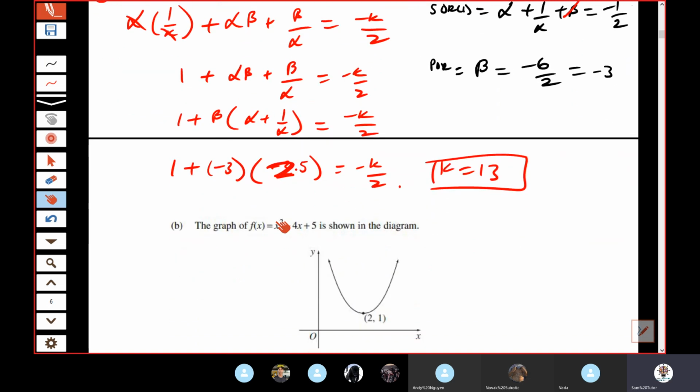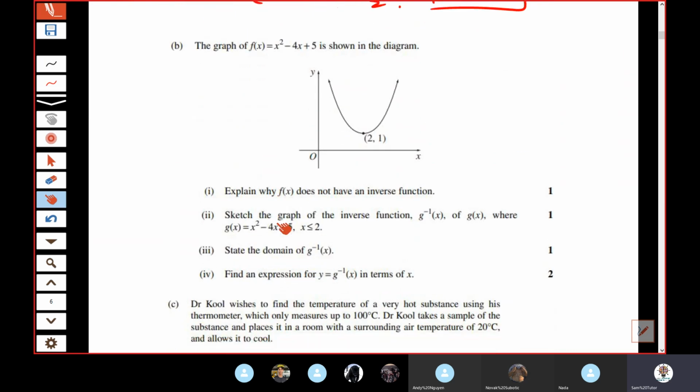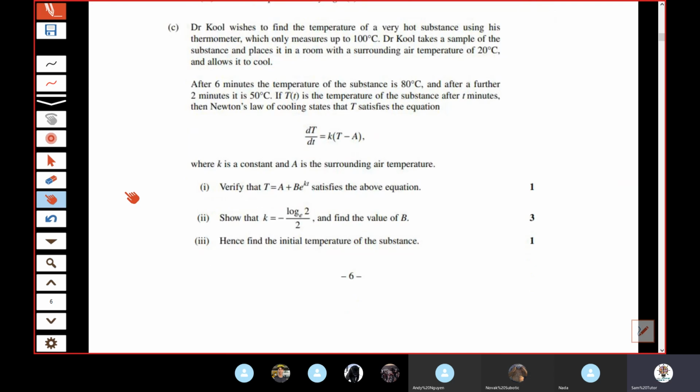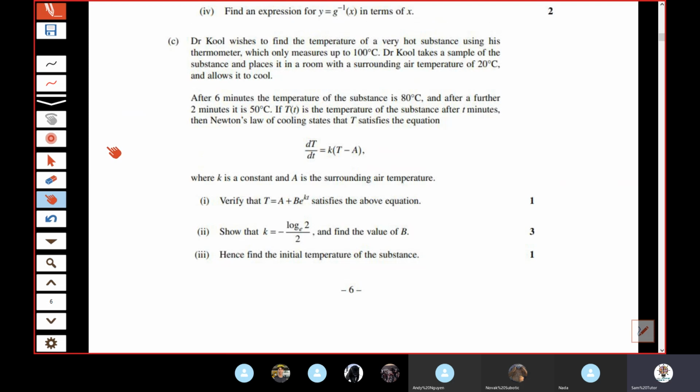Is there enough time? Still good? All right. Inverse, oh yes, definitely. Dr. Cool, we love Dr. Cool. I did this. You did it? Yeah. Come on. No, that can get lazy with it. Yeah, I've done this too, or a similar one. They're all the same.